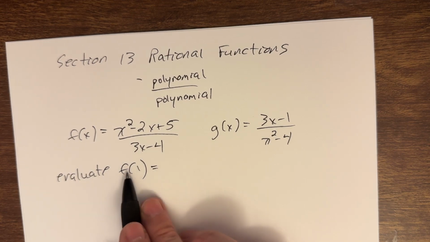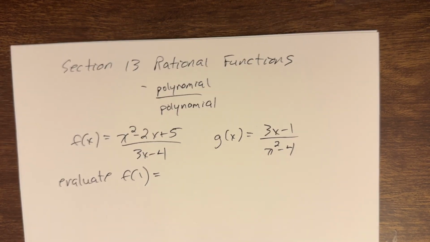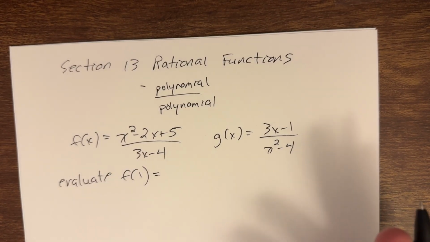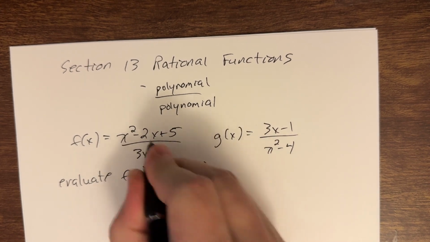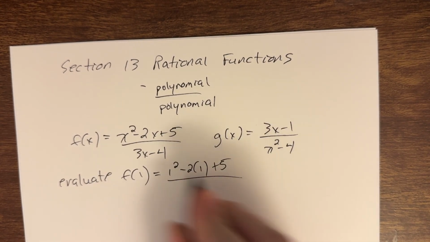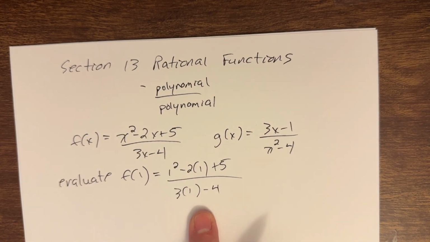With a graph, I've given you the x, you're looking for a y, and that's the same thing with the equation, except how do we find that y? We plug it in. Wherever there's an x, I replace it with a 1. I'll get 1 squared minus 2 times 1 plus 5 all over 3 times 1 minus 4.